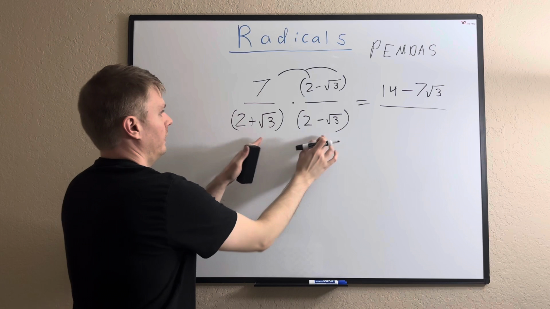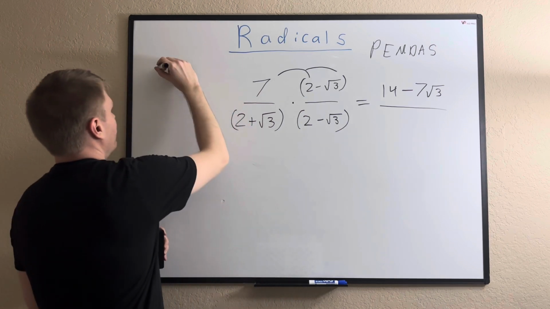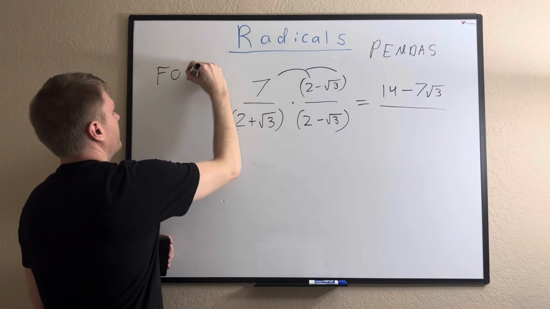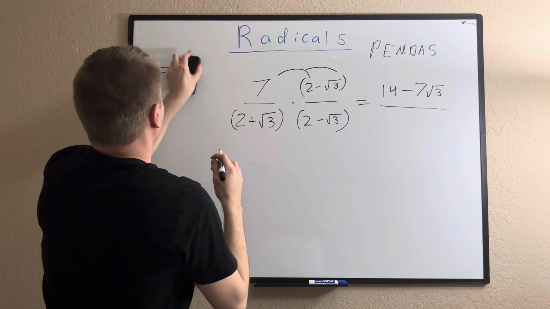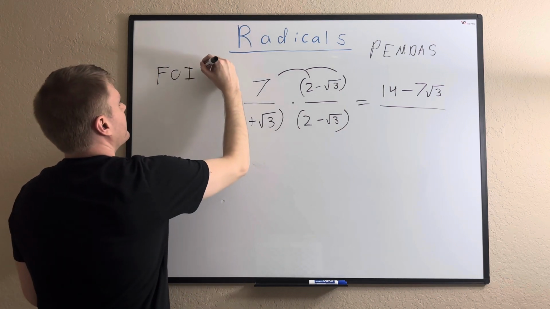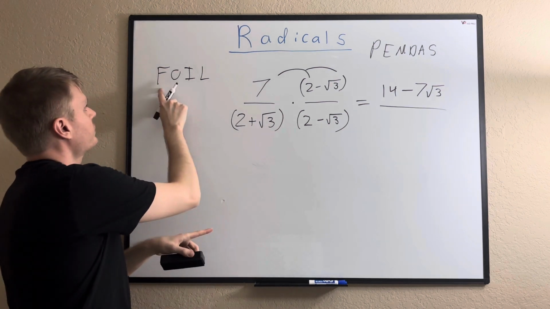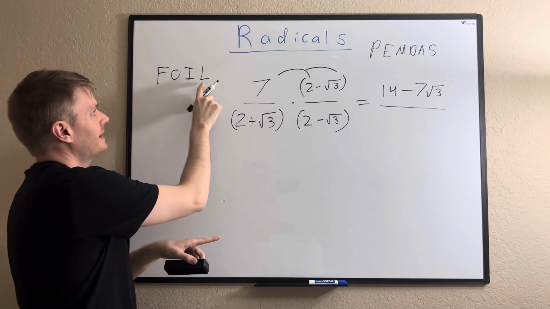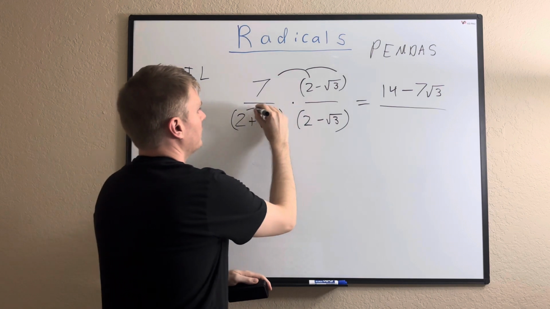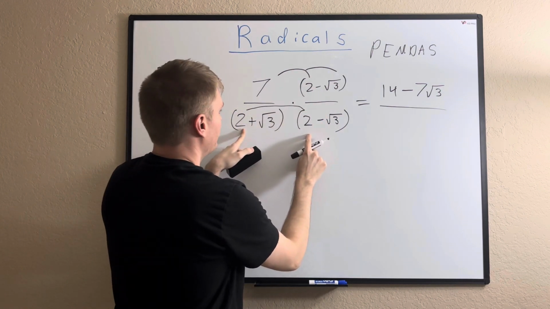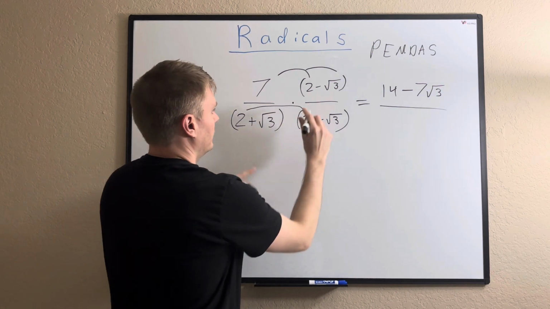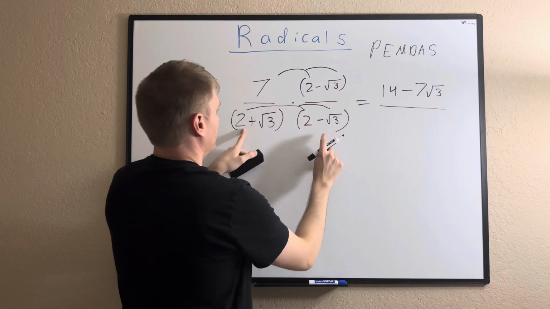Now, this part, we're going to use something called FOIL. Hard to spell. FOIL. First numbers, outside numbers, inside numbers, and last numbers. 2 and 2. Those are the first two numbers in both of these parentheses. 2 and radical 3.